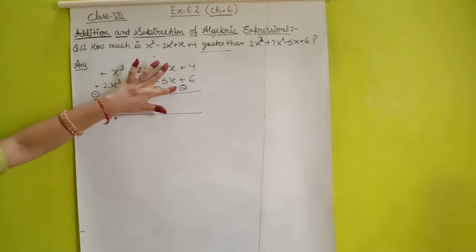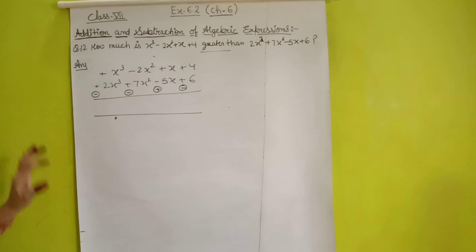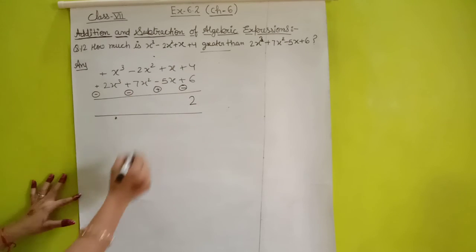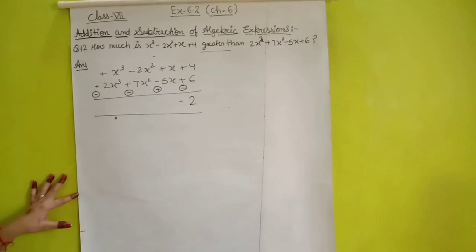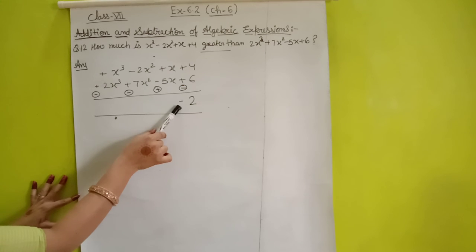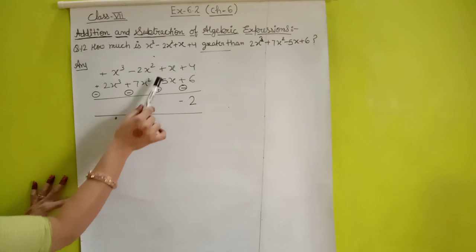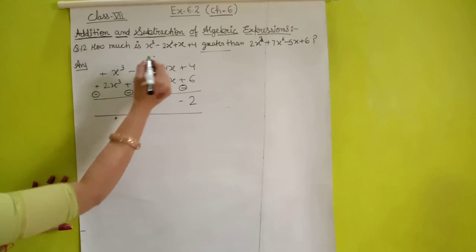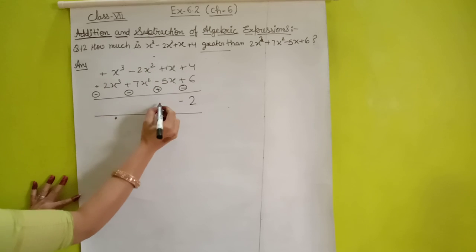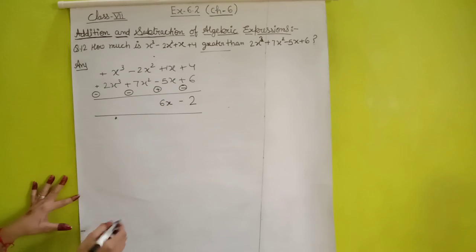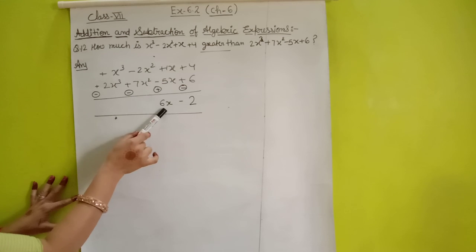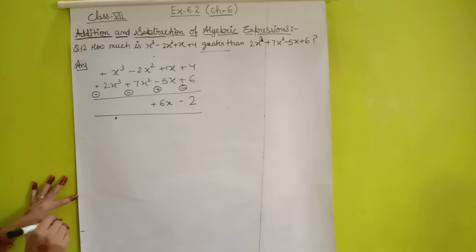Now easily, students, you can operate. Plus 4 minus 6, plus minus minus, 6 minus 4 is 2, and the sign of the greater number, the sign of 6, minus will come, so minus 2. Here plus 1 and plus 5x, plus and plus will be plus, 1x and 5x will be 6x with plus sign.